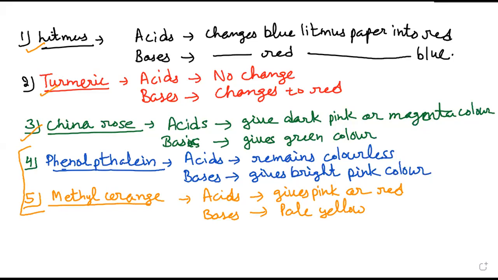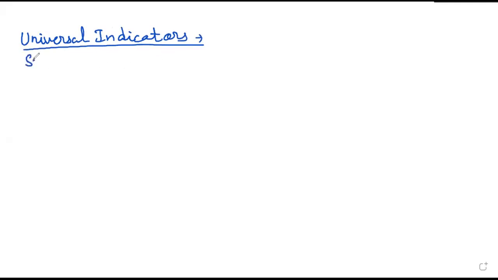Okay, so now, very important, that is the universal indicator. What is a universal indicator? As from its name, we can identify that it must be different from the common ones like synthetic and natural, right? Actually, it is a solution of many compounds, because it's universal.